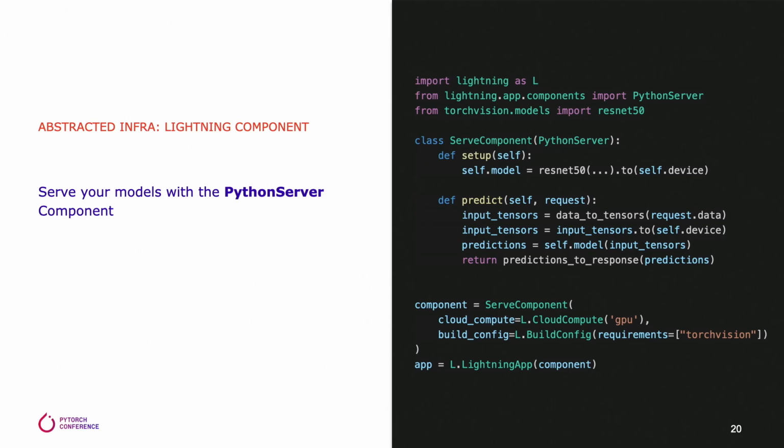You can simply provide your module, load your module in setup, and handle all the requests in predict. Again, you provide a cloud compute and a build config to the component, pass it to an app, and with the CLI, you can run this in the cloud. This component actually comes with a built-in UI, which shares the code you can use to make a query to the component.